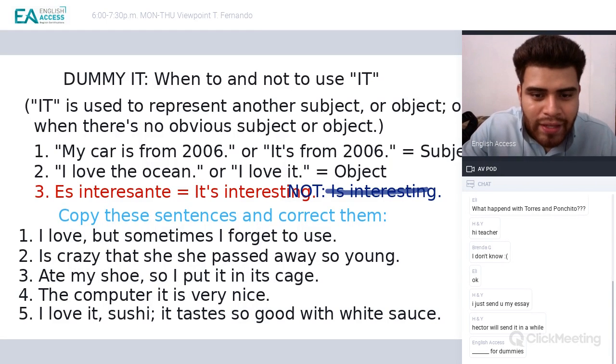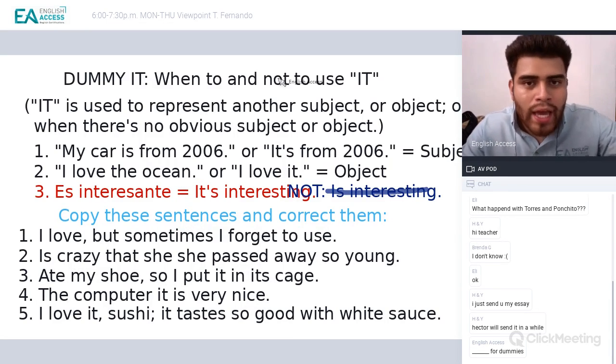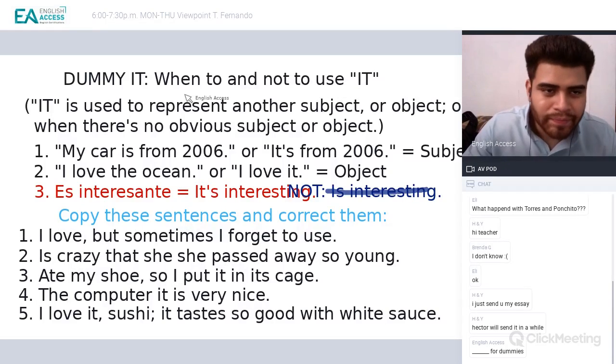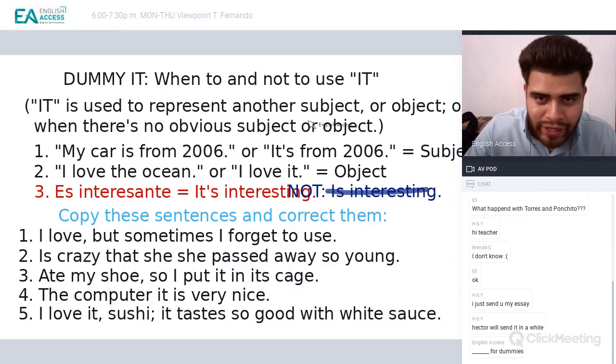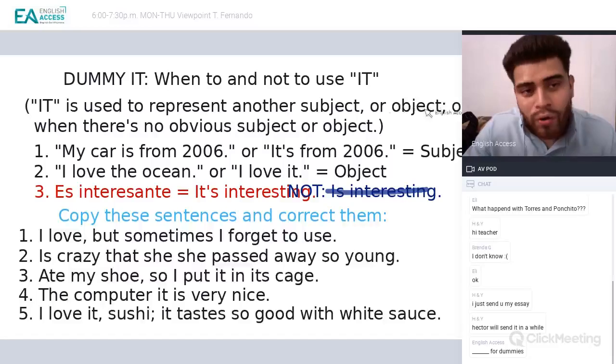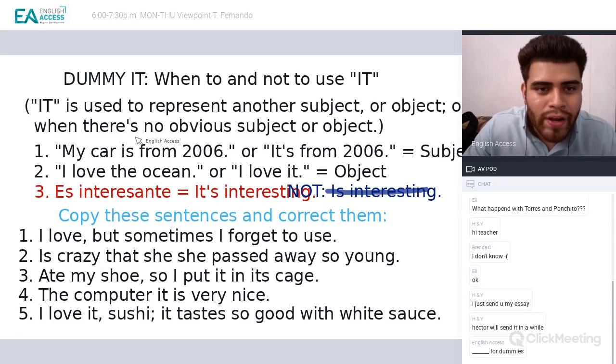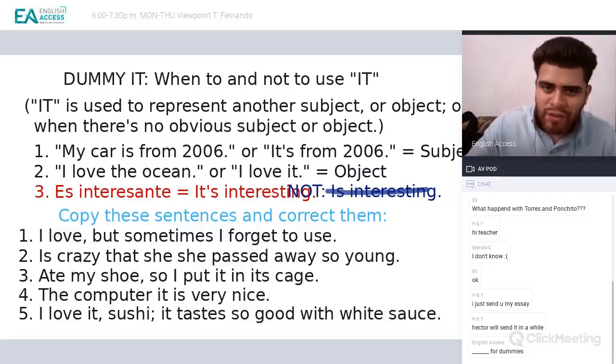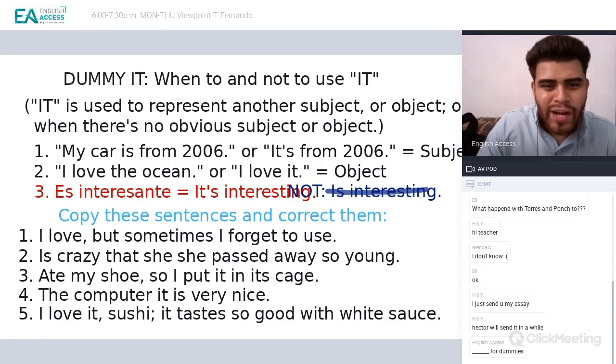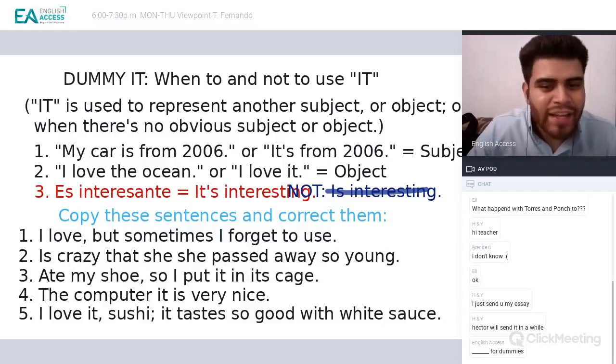The dummy it, when to and not to use it. It is used to represent another subject or object, or when there's no obvious subject or object. Yes, let me explain.